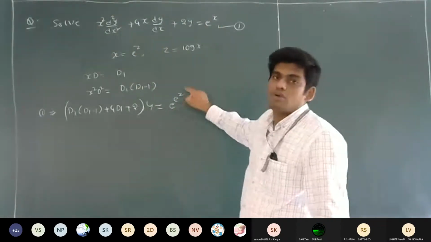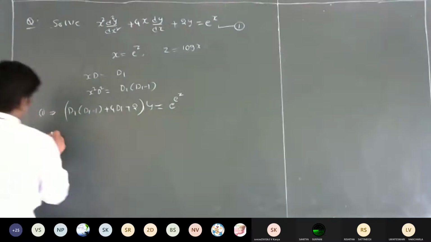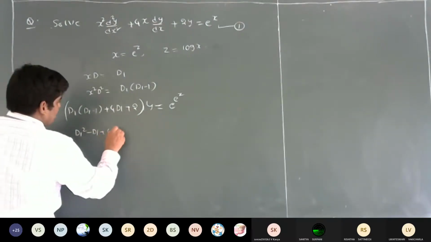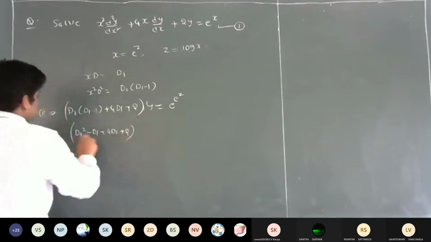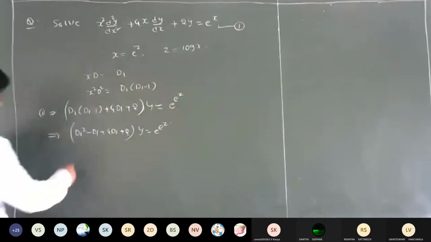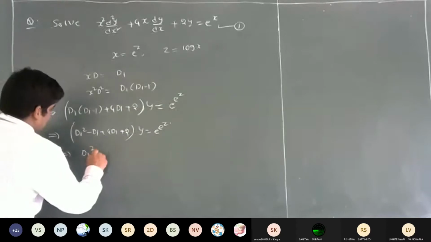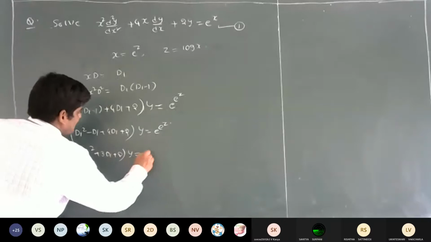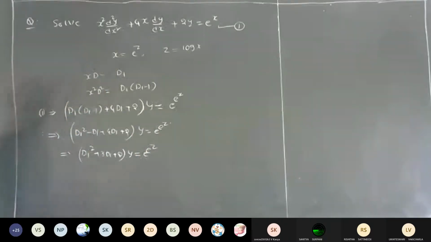Which implies d1 square minus d1 plus 4d1 plus 2 into y is equal to e power z. So d1 square plus 3d1 plus 2 into y is equal to e power z.